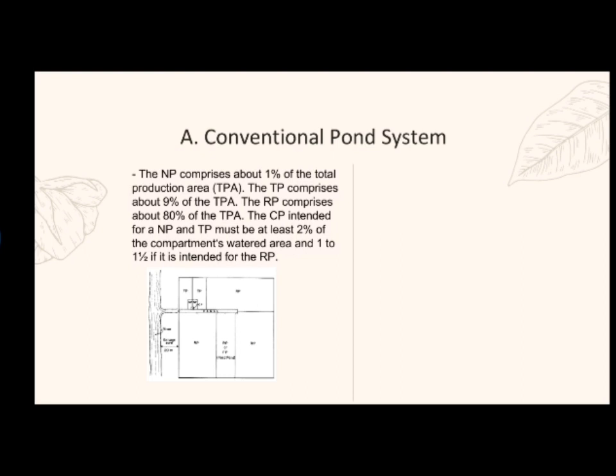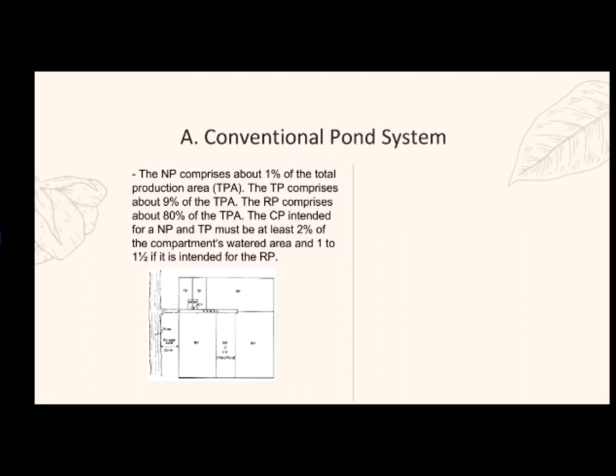The rearing pond comprises about 80% of the total production area. The catching pond intended for the nursery pond and transition pond must be at least 2% of the compartment's water area, and 1% to 1.5% if it is intended for the rearing pond.